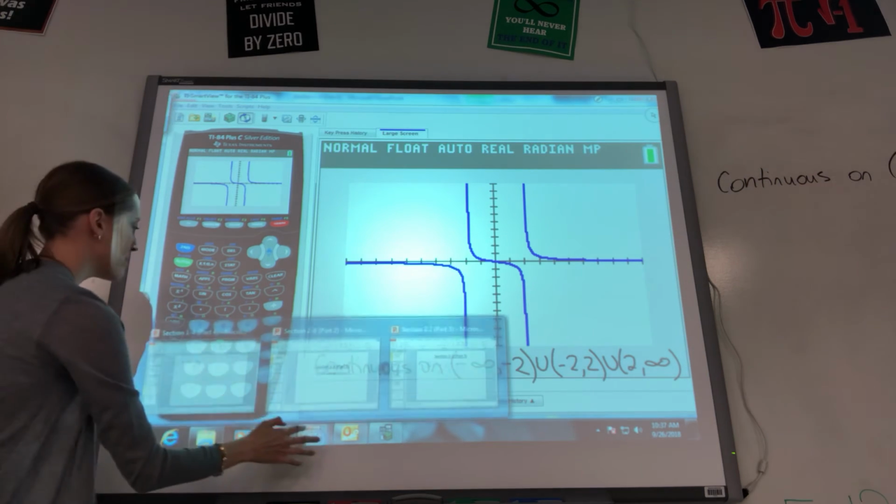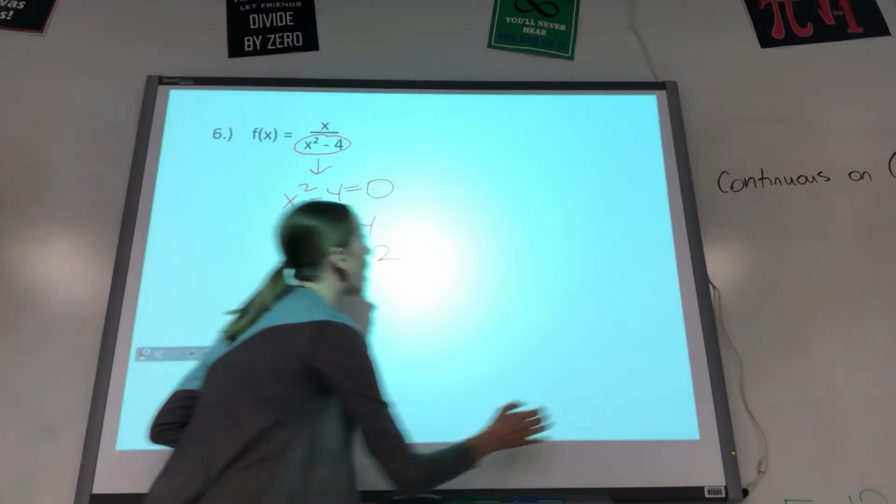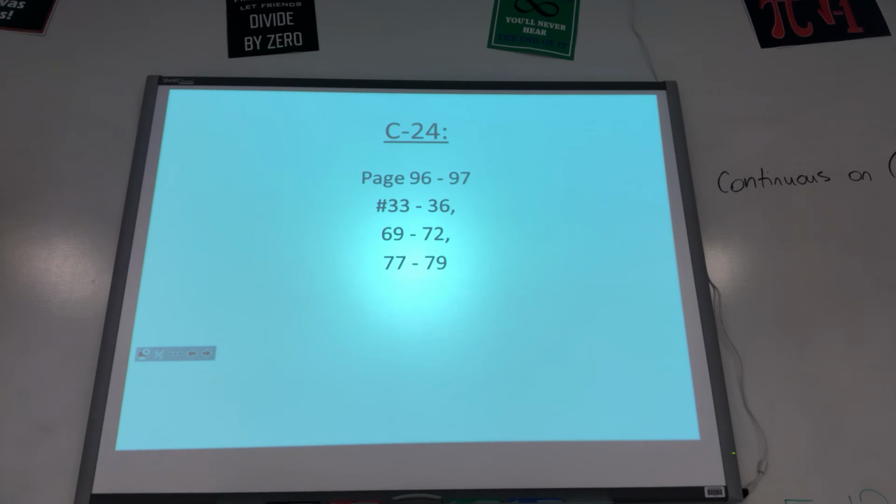I'm going to put the assignment up here. So with this assignment, pay attention to the directions. If it says just discuss the continuity, then you can just say removable, non-removable, whatever. If it wants an interval, just make sure you write it as an interval.